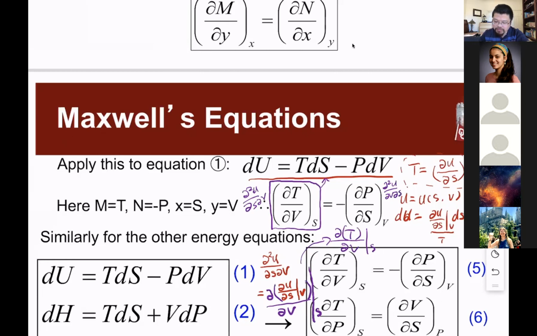And that is, if you try to follow the discussion, together with a negative sign, dP over dS at constant volume. So that is a simple application of the math we discussed on slide 5. So here you can see that we have some correlation between temperature, pressure, and the two variables.